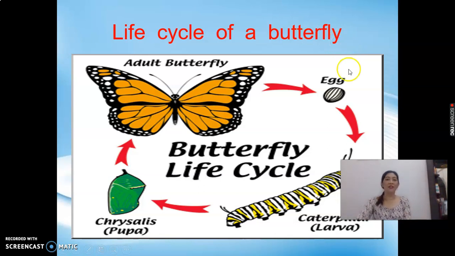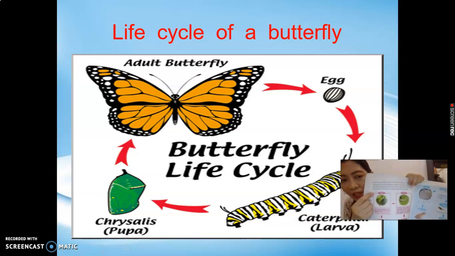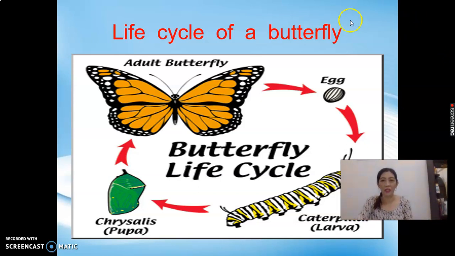Butterfly. So the first is eggs again. Egg number one. Number two is larva. And number three is pupa. And number four is adult butterfly.